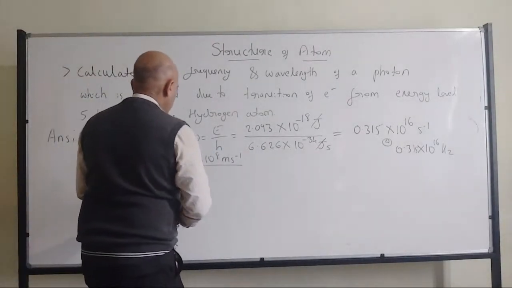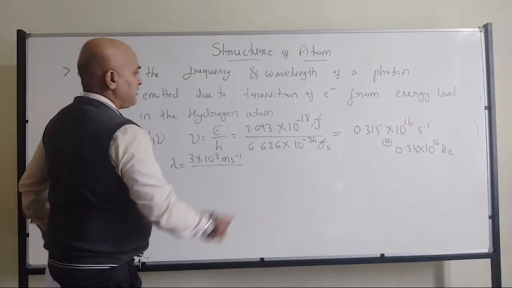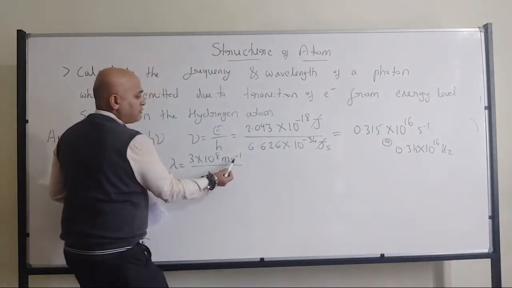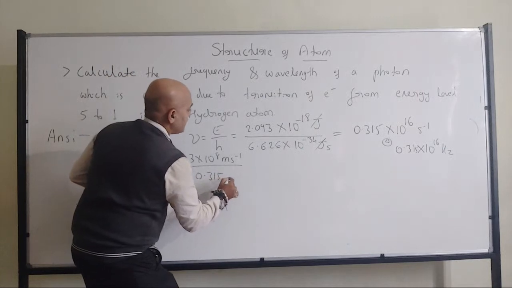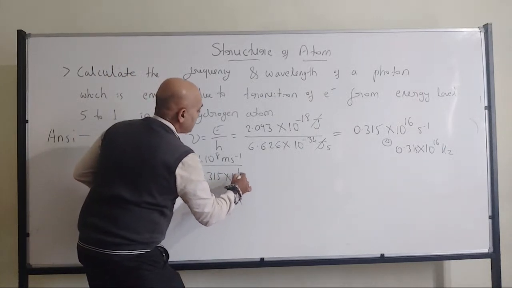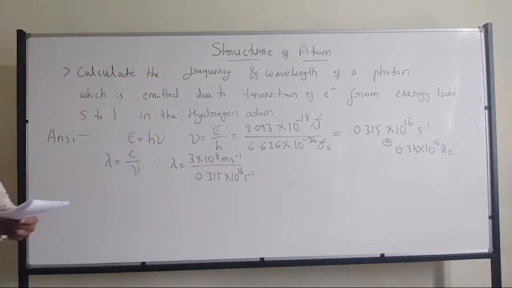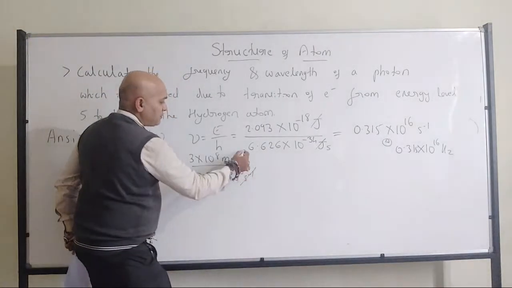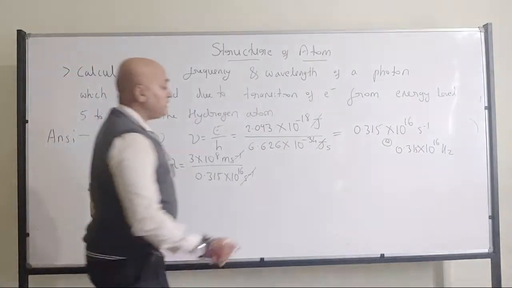Now in the denominator we should have the frequency. We will take it in the form of per second, 0.315 into 10 to the power of 16 per second. Now per second will get cancelled. The answer will be in terms of meter.